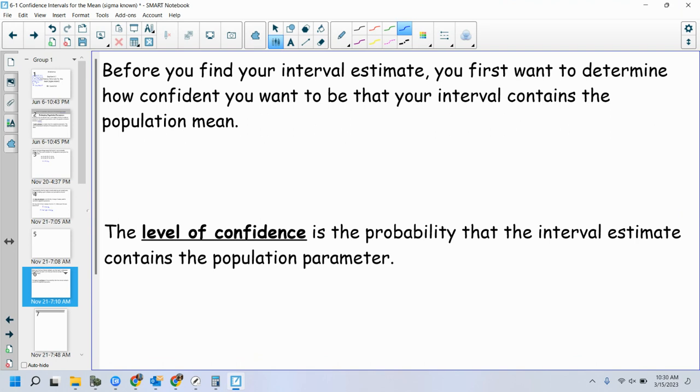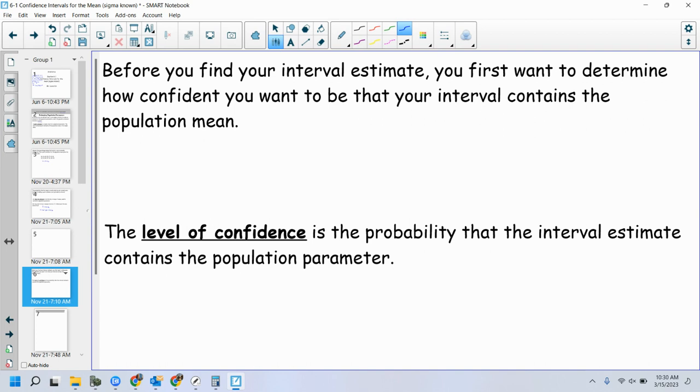And that's where we have to start talking about our level of confidence, the mathematical value of confidence. The level of confidence is the probability that the interval estimate contains the population parameter, that our interval contains the population mean. We have to first decide, okay, how close or far away are we okay with, basically? How much give and take are we allowing ourselves?